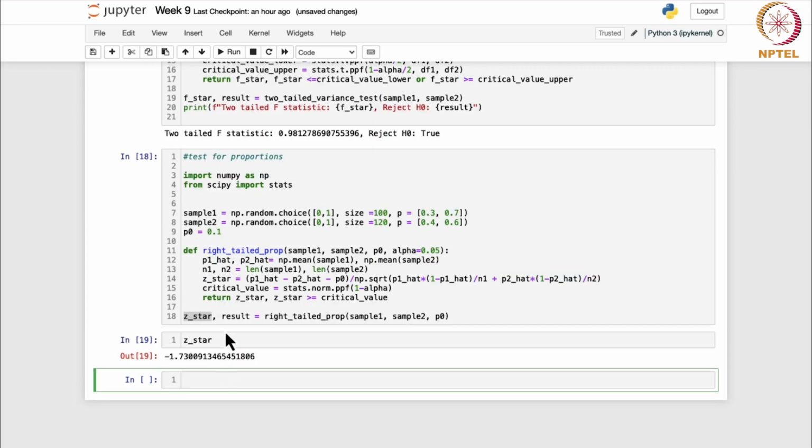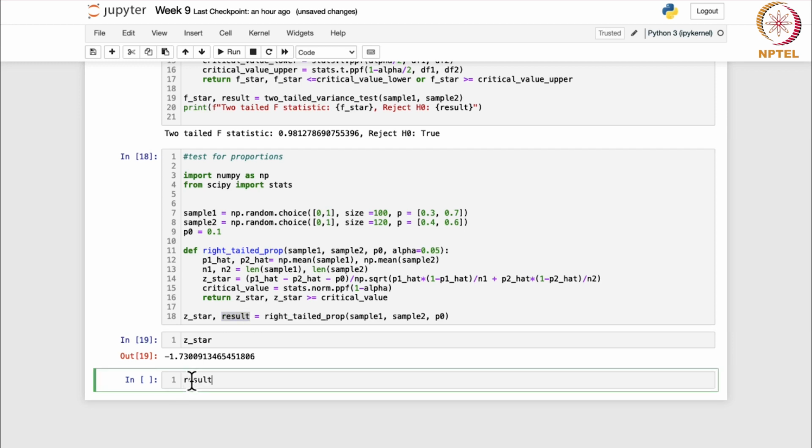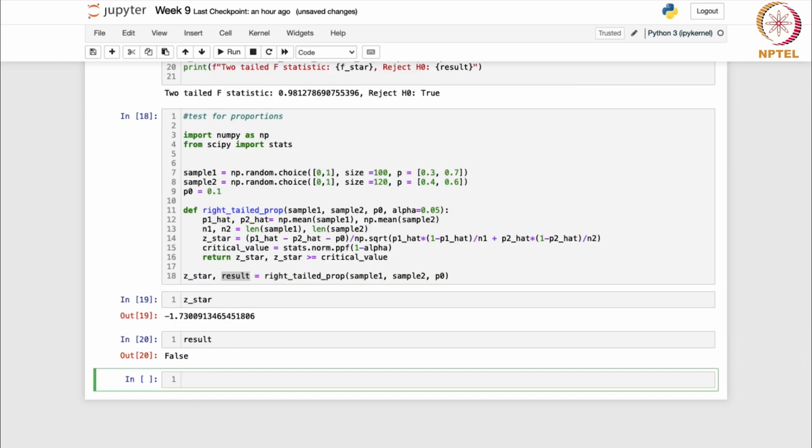It is minus 1.73, and the result that you are getting is false. It means you fail to reject the null hypothesis. Since it is a right tail test, you fail to reject the null hypothesis. It means that the difference of the two proportions, that is P1 minus P2, is going to be less than or equal to 0.1. So your null hypothesis, basically the claim, is correct.